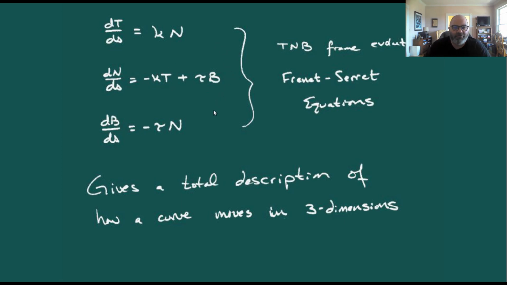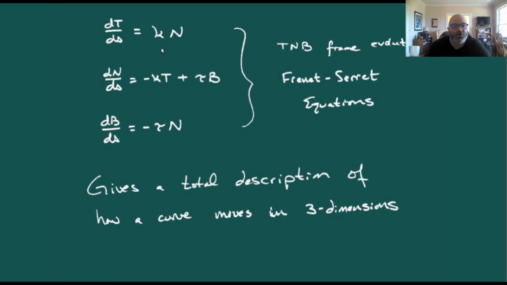Now, these frame evolution equations go together as what are called the Frenet-Serret equations. If you're doing a lot of modeling of curves, you can put things into that TNB frame. Another theorem that goes along with these is that they actually give a total description of how this curve is really going to move in three-dimensional space.